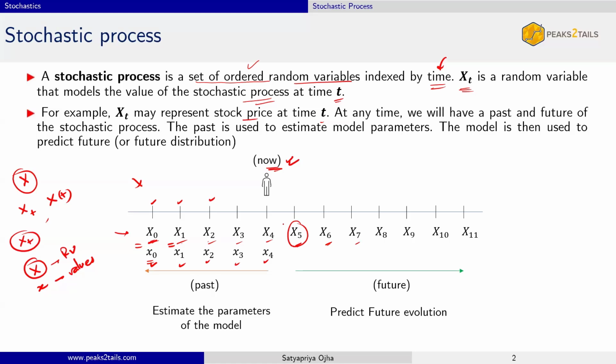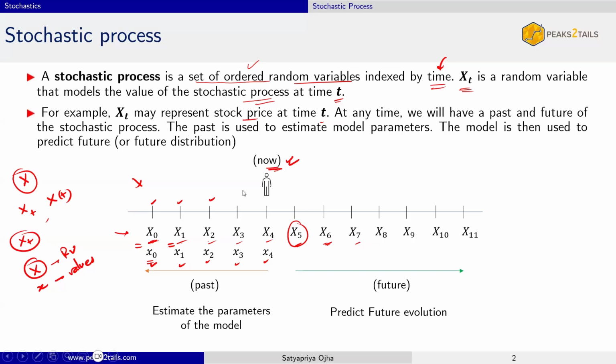So the grid depends on how you want to discretize the time. We'll talk more about it. It could be daily, weekly, monthly, right? Or even more frequent. Whatever discretization you want to do with respect to time, that is a modeling choice. But x5, x6, all of these are random variables.